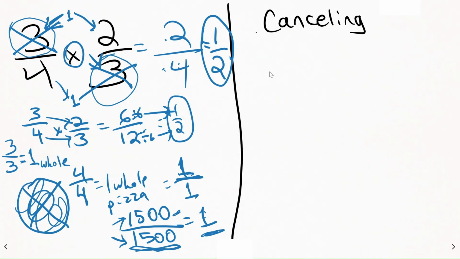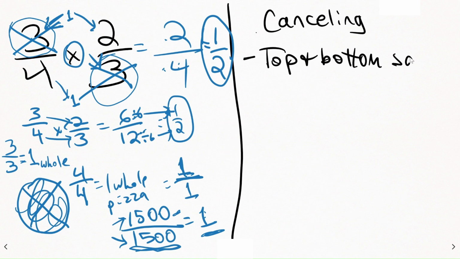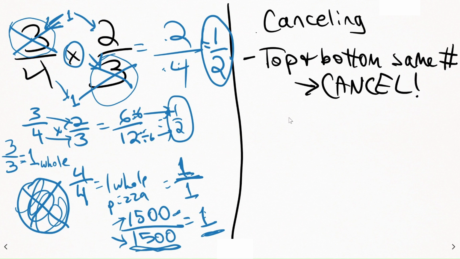So for your notes, you need to be putting down that if the top and bottom have same numbers, you can cancel. And I'll write invisible 1s, and just treat them like a 1.